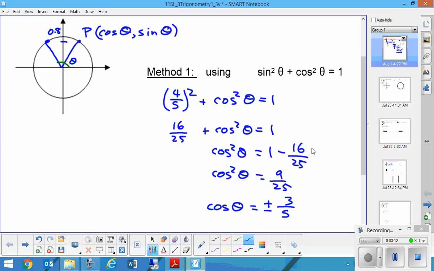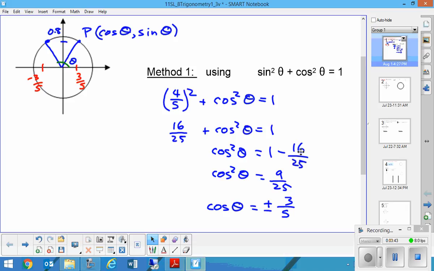Yes, it is, because we could have had this value, so that means down here, the x coordinate must be 3/5 if the y is 4/5, and this one here is at minus 3/5. So we can see there are two places where P could be, therefore two x coordinates. So cos theta is equal to plus or minus 3/5, that's the x coordinate.